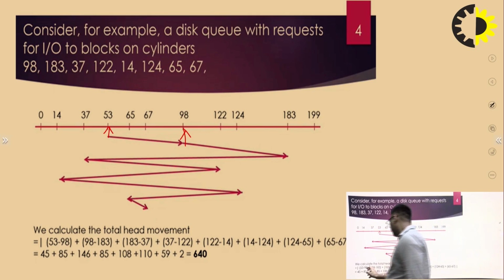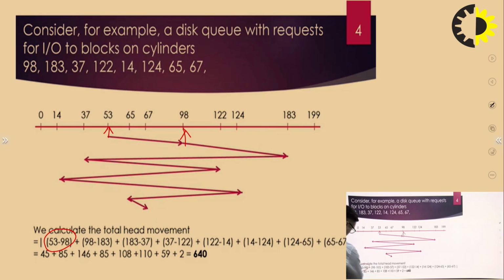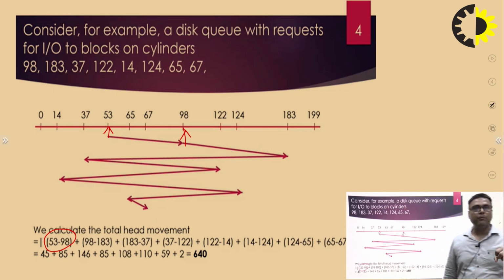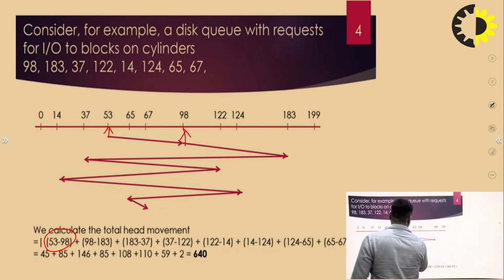Here it is already mentioned. The first data I have to find through FCFS is because the first request is 98. Another request is 183. So which position is my head at?